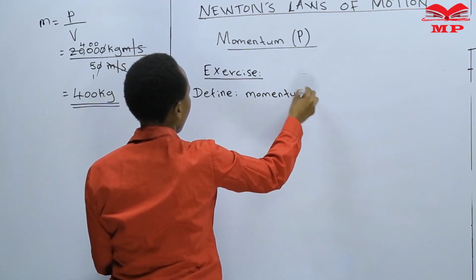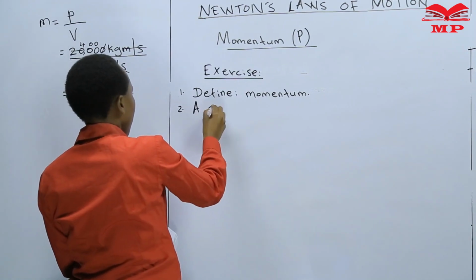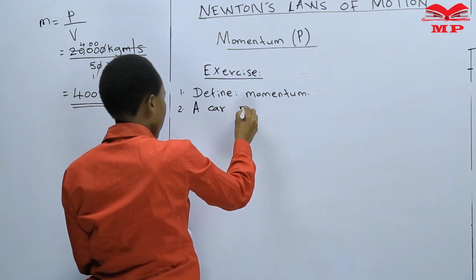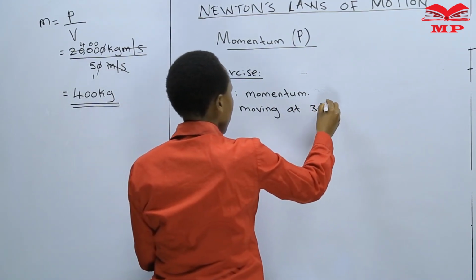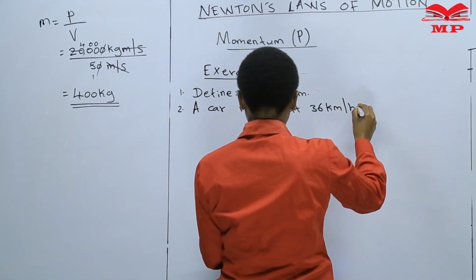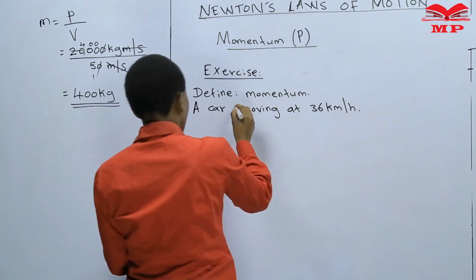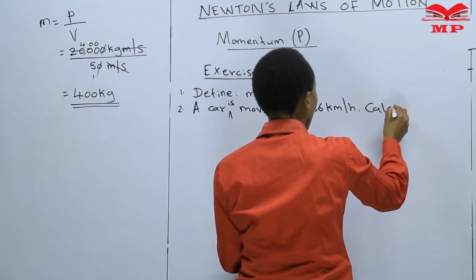Then in question number 2, we have a car moving at 36 kilometers per hour.